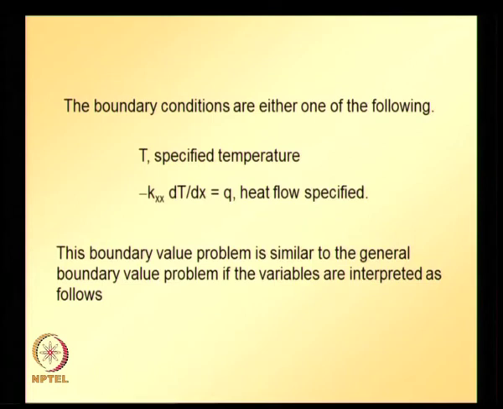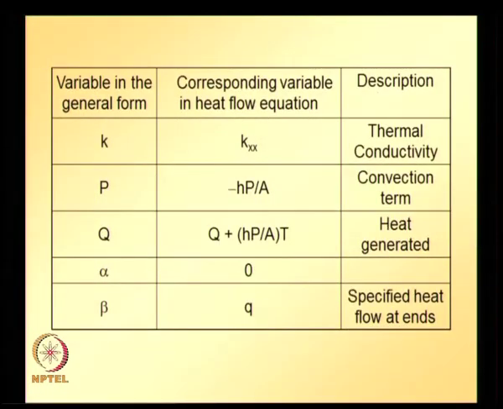So, this boundary value problem is similar to general boundary value problem if variables are interpreted as shown in the table here. So, once we identify the corresponding quantities, we can make substitution or plug into the element equations that we have for general one dimensional boundary value problem.